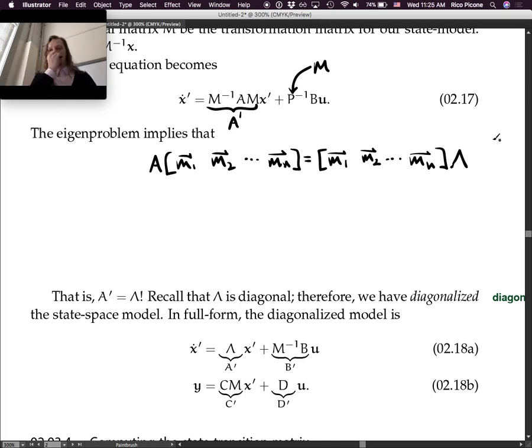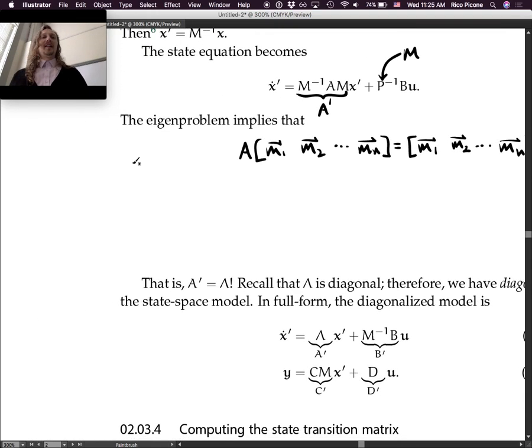The Eigen Problem implies this statement, and so let's try to unpack this a little bit. It's a little hard to parse, but remember that the Eigen Problem is AM equals lambda M, right? Where M is an eigenvector. So if we said for some specific eigenvalue, eigenvector pair, this would hold.